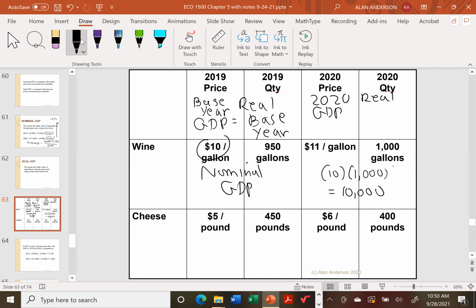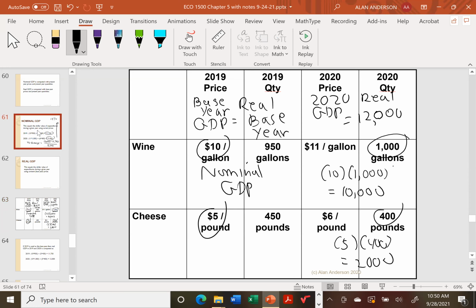Down here, we have 400 pounds of cheese. We're going to use the 2019 price of 5. You notice the quantities are from the current year, but the prices are from the base year. Okay, so that's 2,000. So that means that this GDP is $12,000.